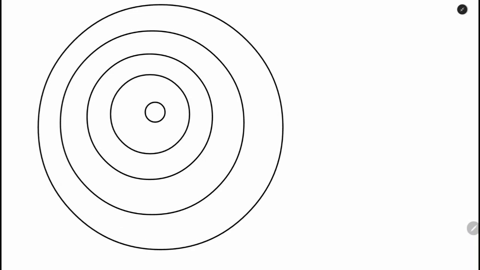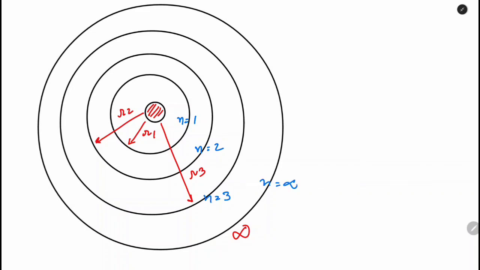So this one is the nucleus. Okay, it has a radius of r1, it will have a radius of r2, similarly it will have a radius of r3, and let's call this infinity. So this one will be n is equal to 1, n is equal to 2, n is equal to 3, and this is n is equal to infinity. So this is how Bohr's model has been described.